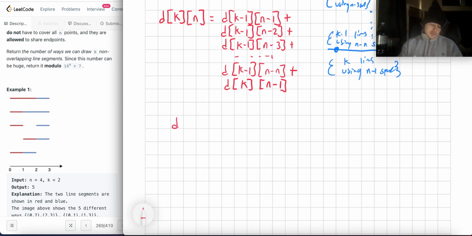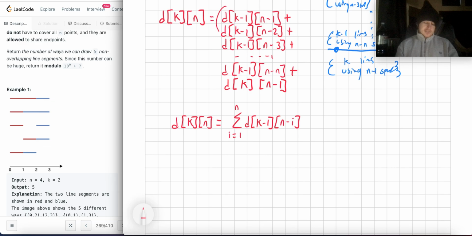Okay. Now, if you want to use a little bit of mathematical notation to simplify the way that this works, we can call this the sum from i equals 1 to n of d of k minus 1, n minus i.